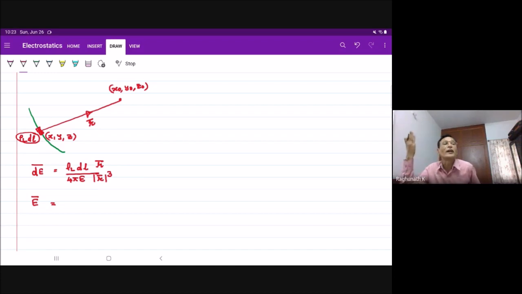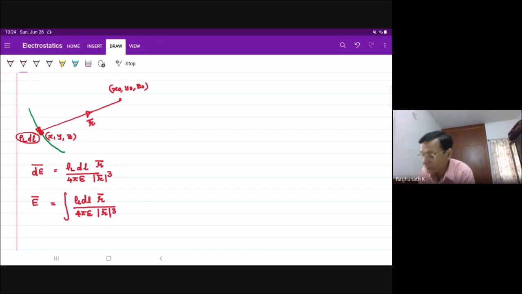Because it is a summation under limit having infinitely many terms, in which the position is just moved through dl distances, I say that it is a single integral along a line: rho l dl r bar divided by 4 pi epsilon into mod r bar whole cubed.